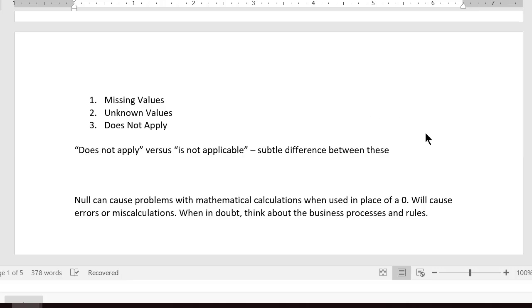So just to be clear, if you need a 0, then use a 0. Otherwise, when you're doing something like an average, if there's a 0 in there, that takes up a value in the number of things you're averaging. If you really don't have any data for that, it shouldn't be included in the average.